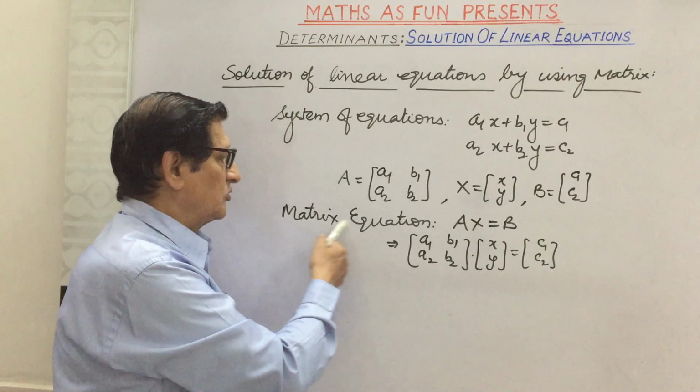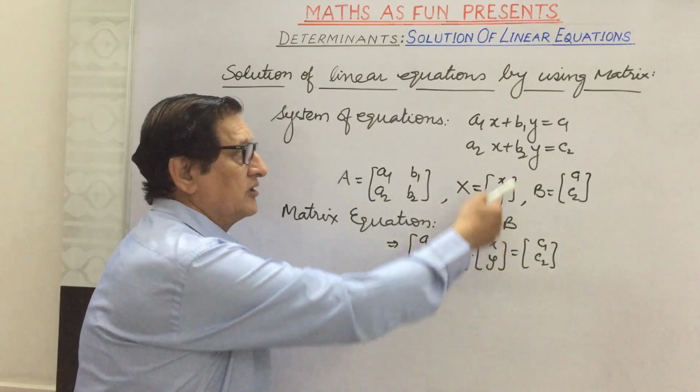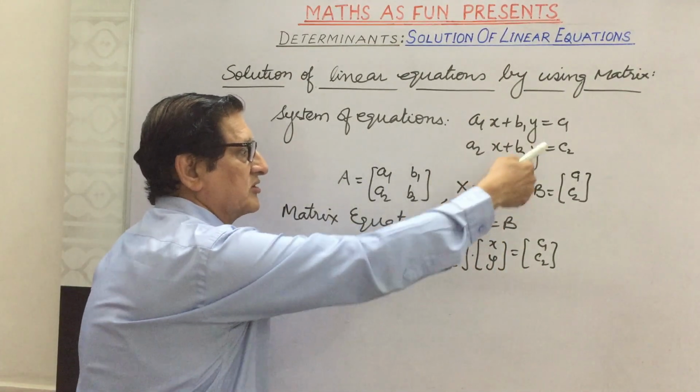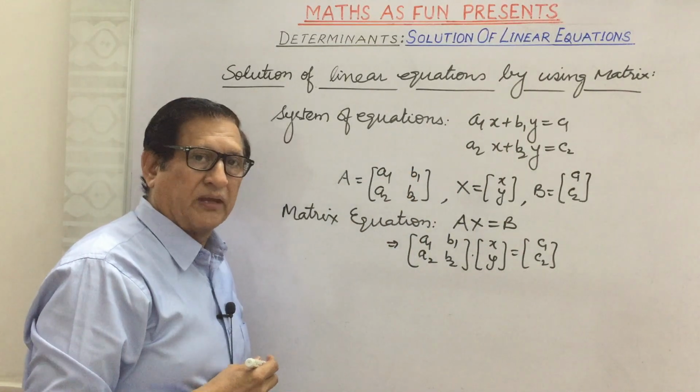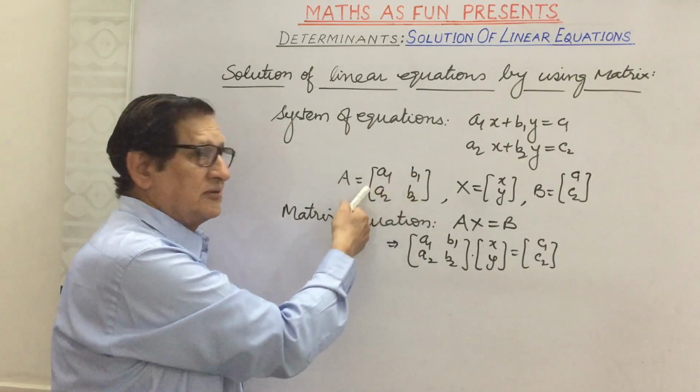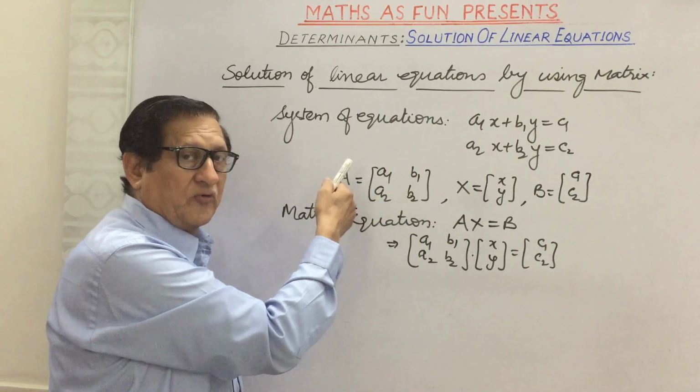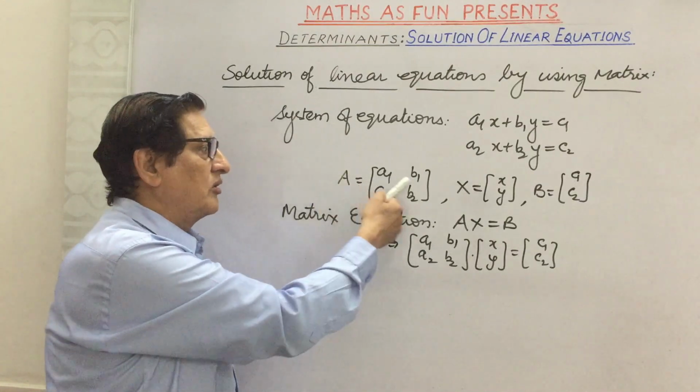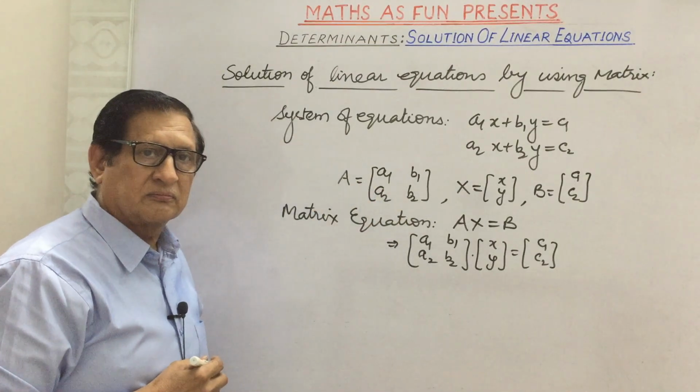And that is why it is known as the matrix equation of the system of linear equations which is given to us. Here A is known as the matrix of coefficients, or we call it the coefficient matrix.